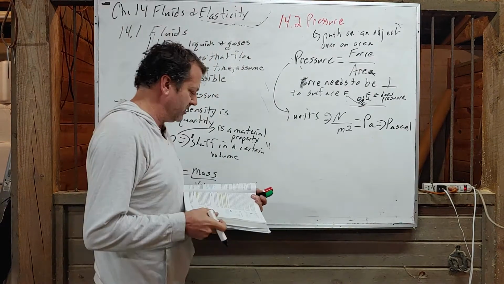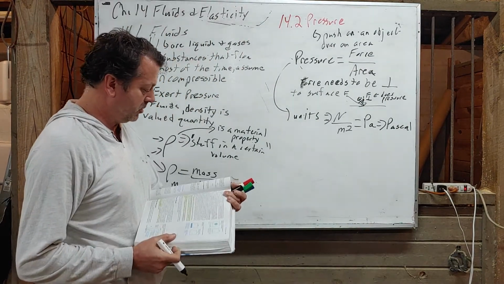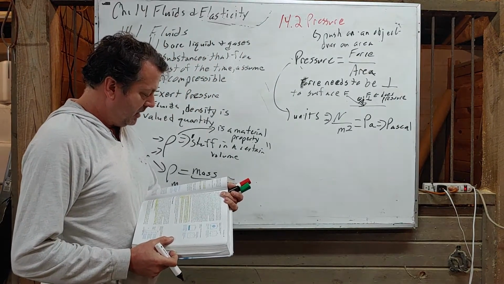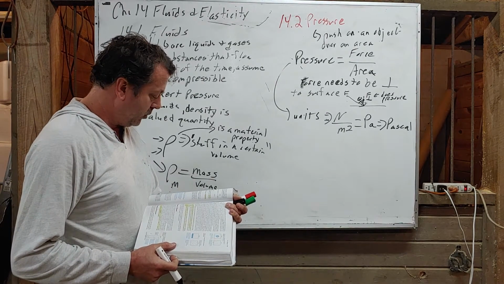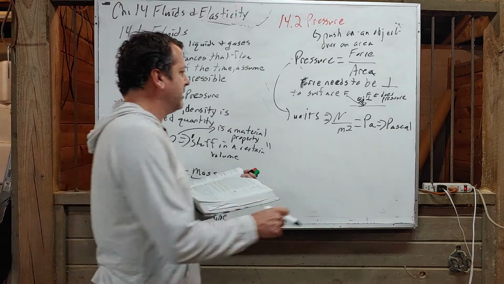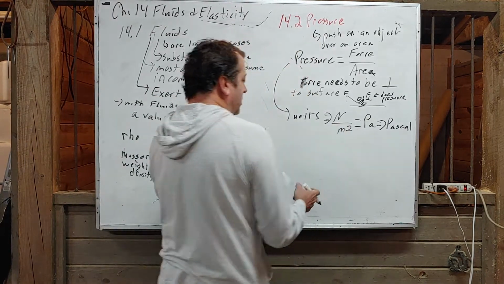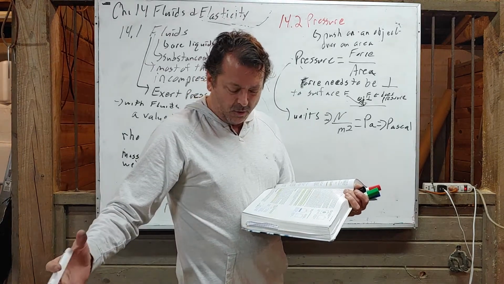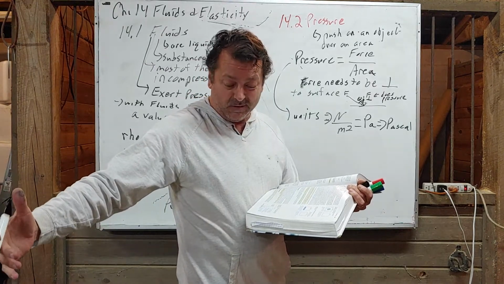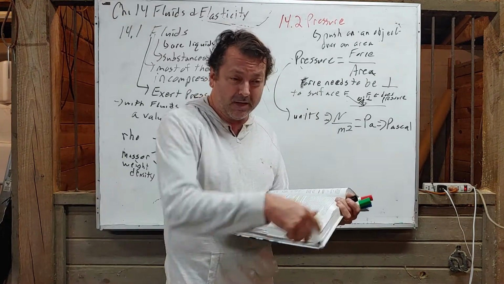Blaise Pascal did some work on this. Actually a great mathematician as well, a 17th century mathematician, one of the first to study fluids. Okay, that's a pretty small unit. Think about 1 newton, a quarter pounder of force over a square meter.